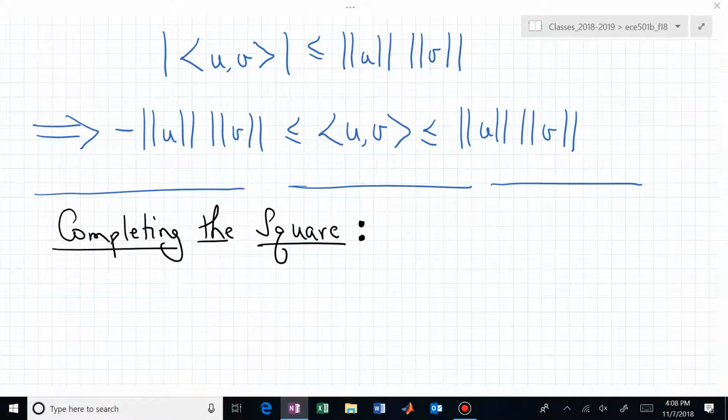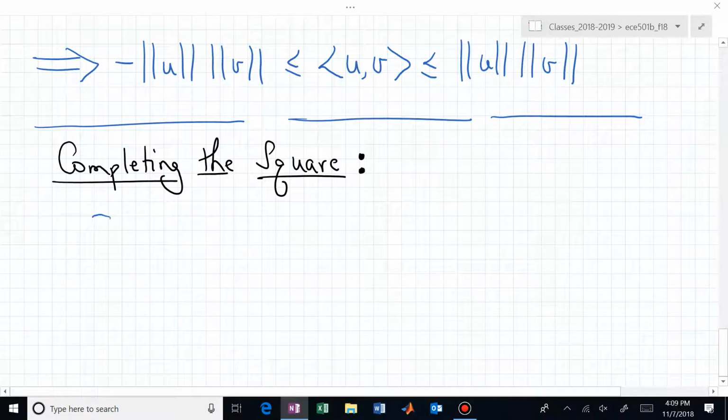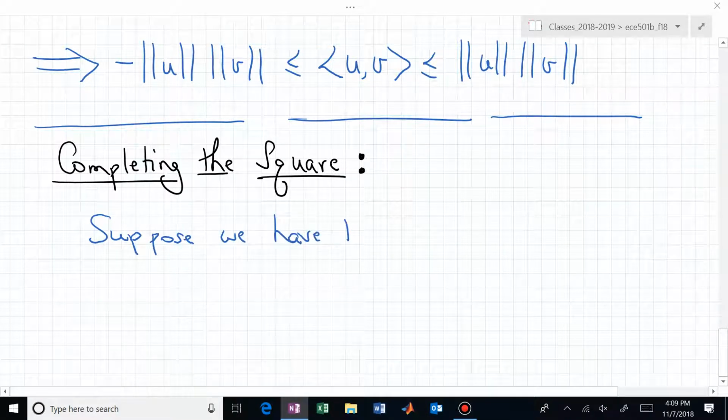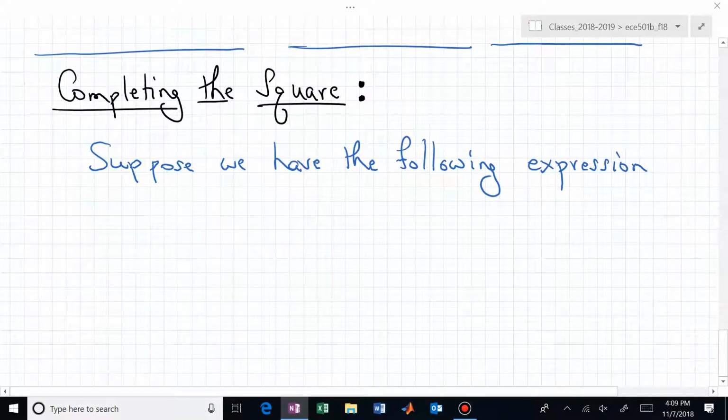So now let's talk about completing the square, and I know that this may go back many years, so let's just work through it so that we feel comfortable with it. Suppose we have the following expression, our normal quadratic expression, x squared plus bx plus c.